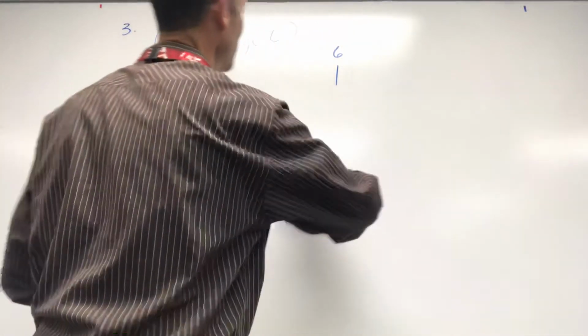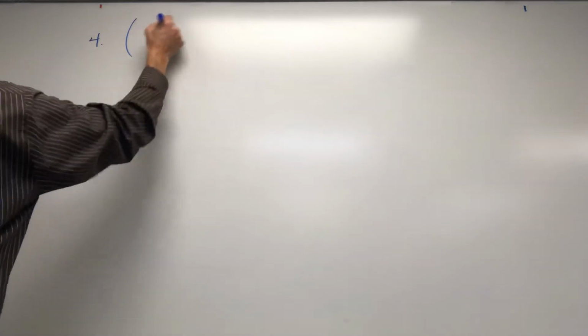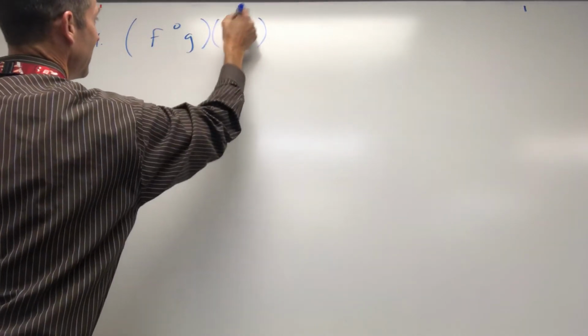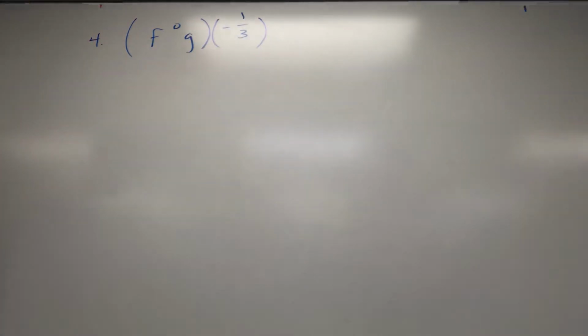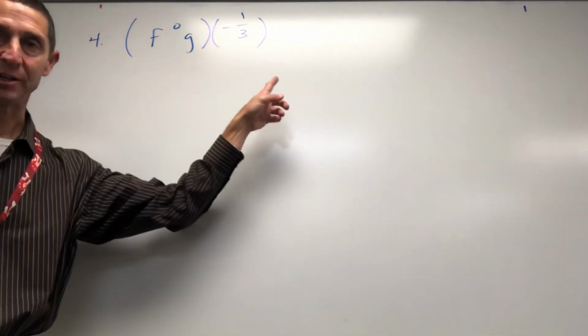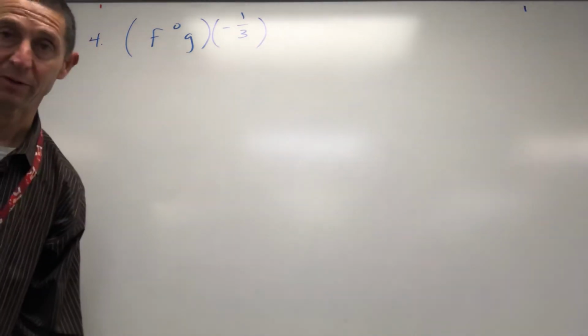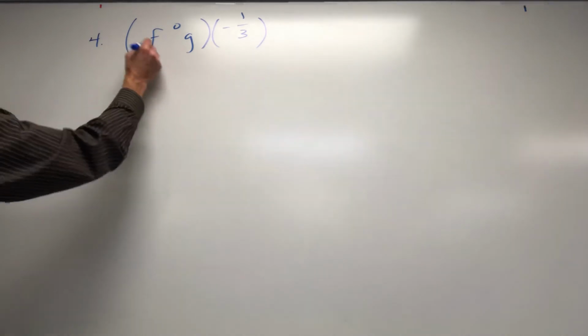All right, one more. Let's make this one a little bit more rough. Number 4. Let's go F composite G. And let's put a negative 1/3 that we're going to drop in there. All right, save that fraction for the end. Let's go right now. Let's do the composite function, F composite G. So F is first.